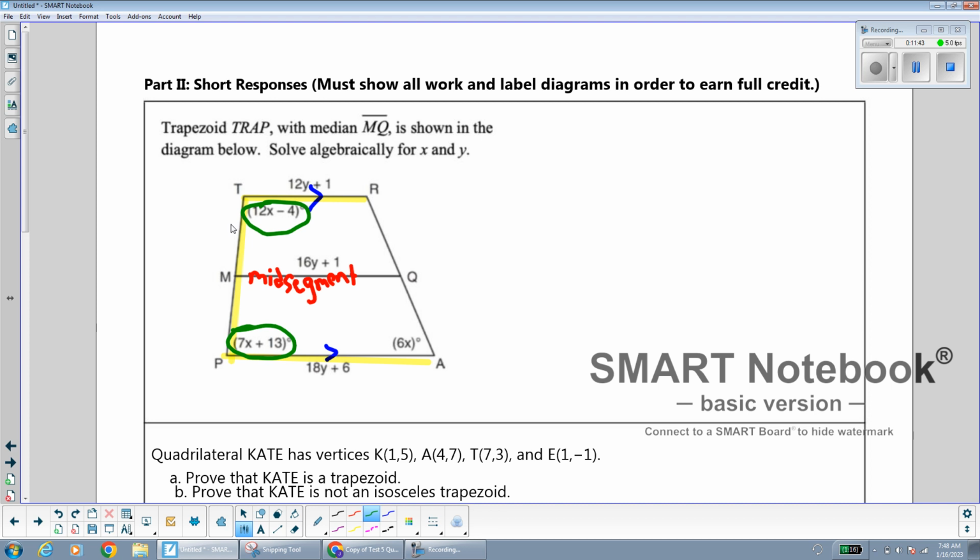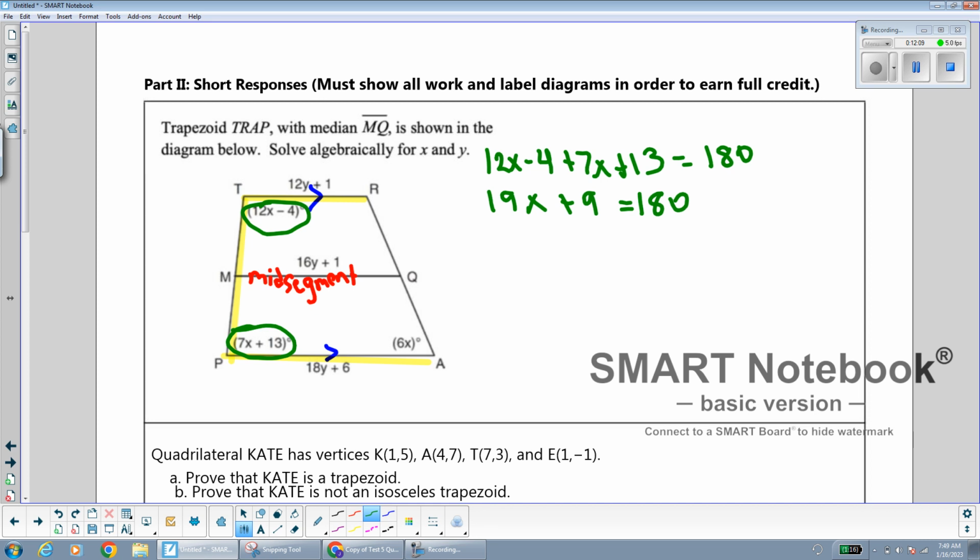Inside the lines, both to the right of the transversal. So I can set up an equation that says 12x minus 4 plus 7x plus 13 is equal to 180. So that is 19x plus 9 is equal to 180 degrees.